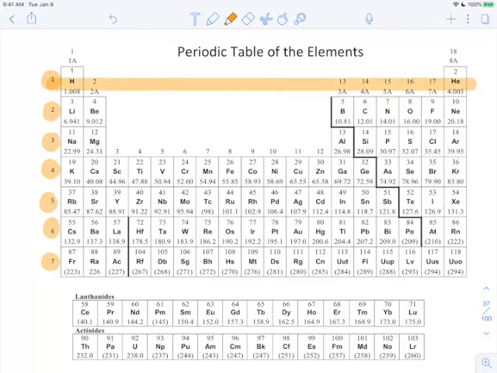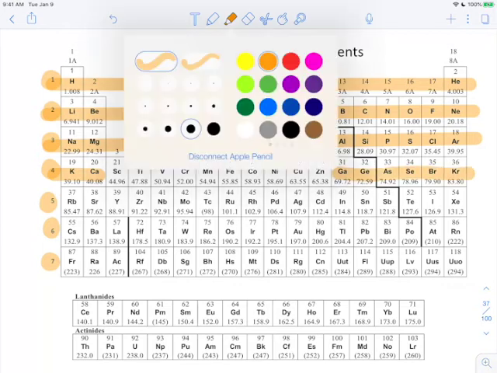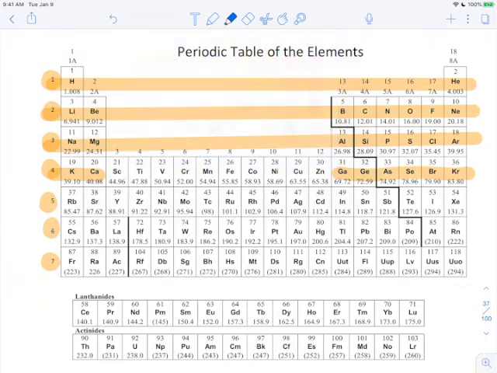So we see period 1 goes right across here, hydrogen and helium. Period 2 is going to go straight across here. Period 3 comes right across here. And now something strange happens when we get into the D block. So 4 is here for the S's, and it's right here for the P's. But when we get to the D block, what we're going to find is we drop in number.